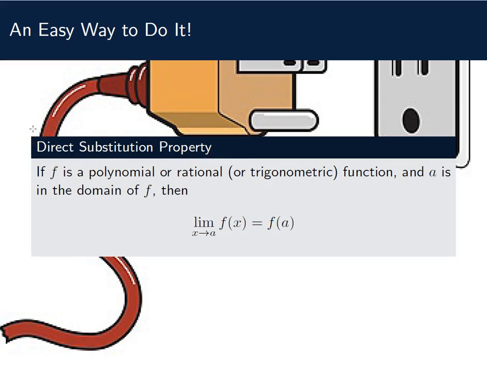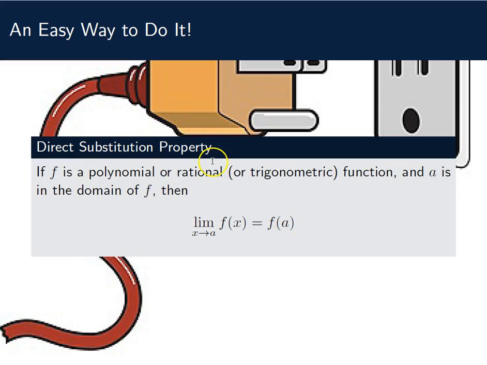The direct substitution property is a result of all those many rules that we had in the first video, and should become clearer when you look at the examples in the second video, that all we've really done in polynomial functions and in rational functions to find the limit as x approaches a of the function, we really just plugged a into the function.